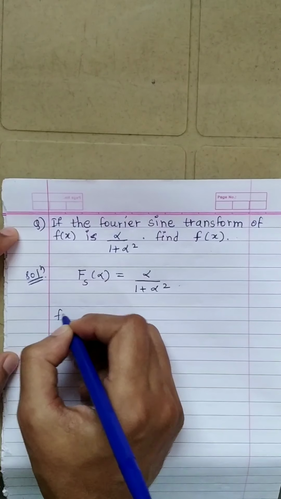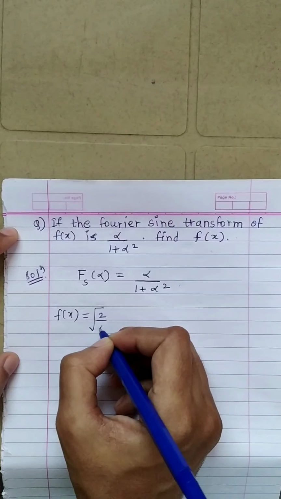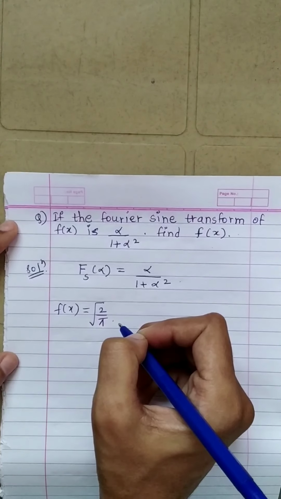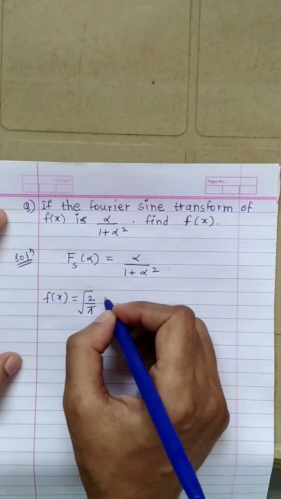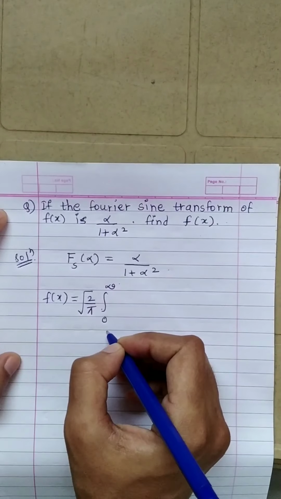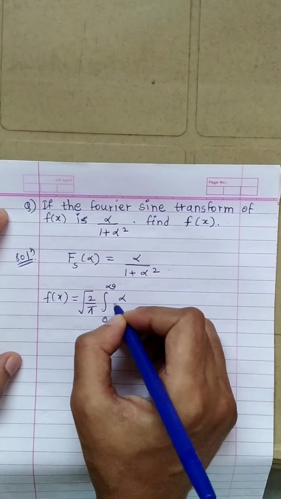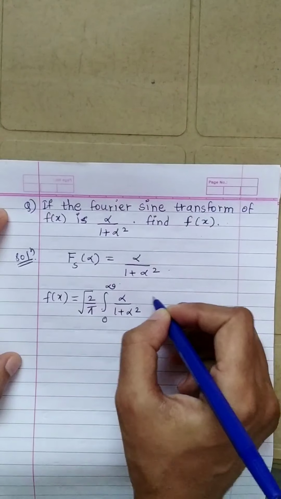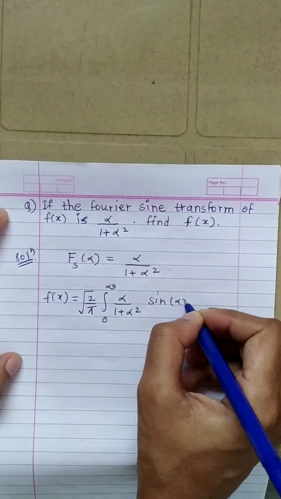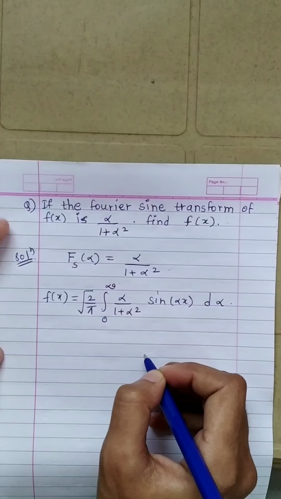So f of x, by the definition of inverse Fourier sine transform, is root of 2 by pi integral from 0 to infinity of this f of alpha, that is alpha by 1 plus alpha square, sine of alpha x d alpha.